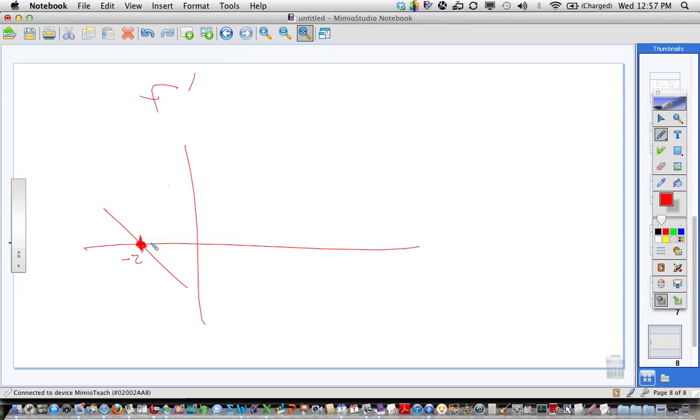When I say F prime is 0, this is the F prime graph, I'm saying F prime's outputs are 0. It's y values. It's where it crosses the x-axis. That's a critical point. It's actually a stationary point. Let's use that term. That's more specific. That's a stationary point. We'll be real interested in that stationary point. And based on what we just talked about, not only is this a stationary point, but F prime to the left is what?